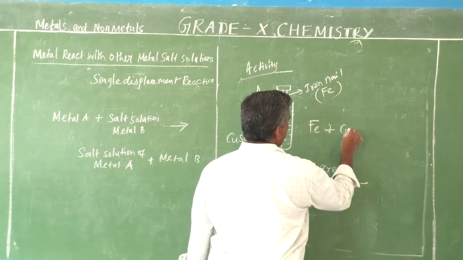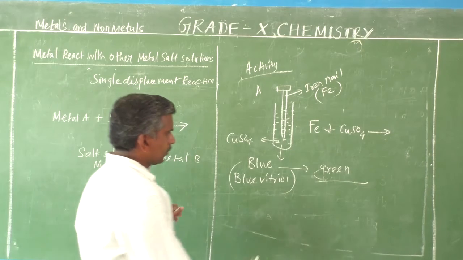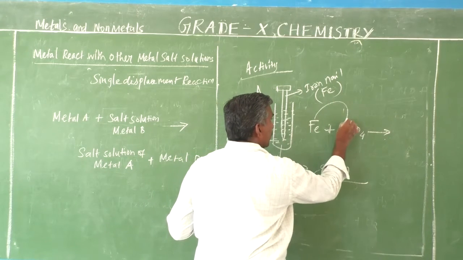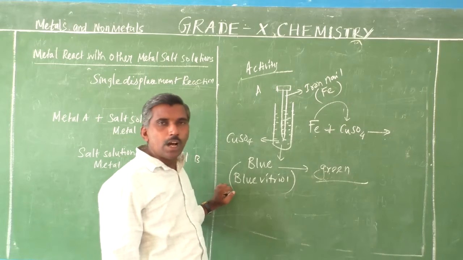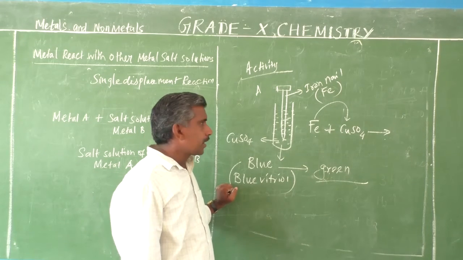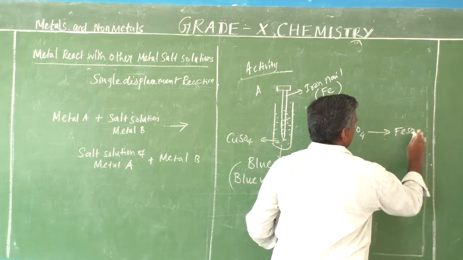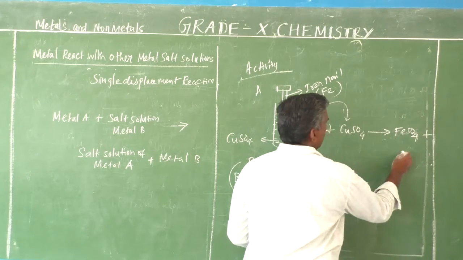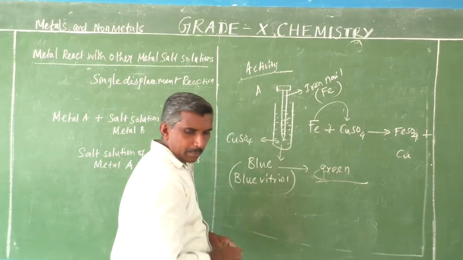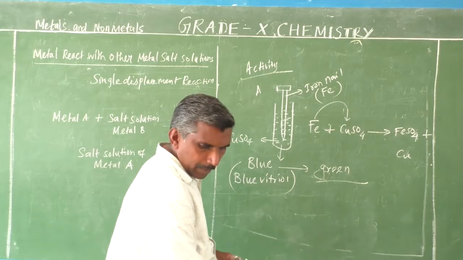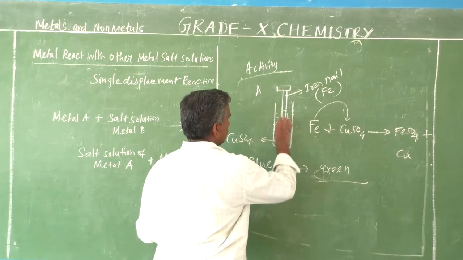Iron reacts with the copper sulfate and displaces copper, because iron is more reactive than copper, to form ferrous sulfate and copper metal. The copper metal deposits on the surface of the iron as a brown layer.